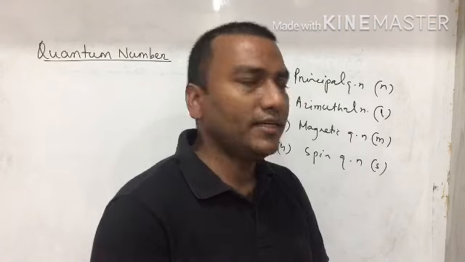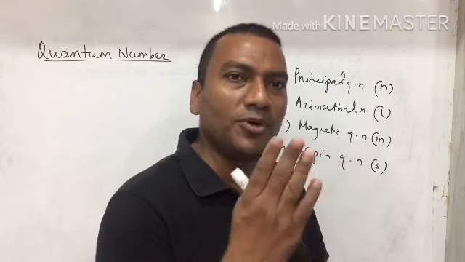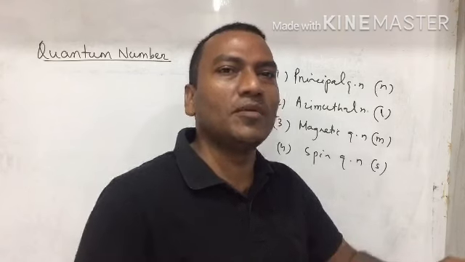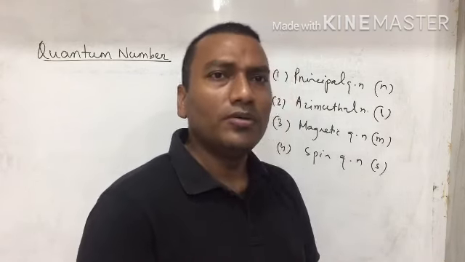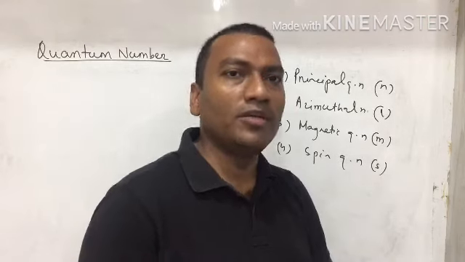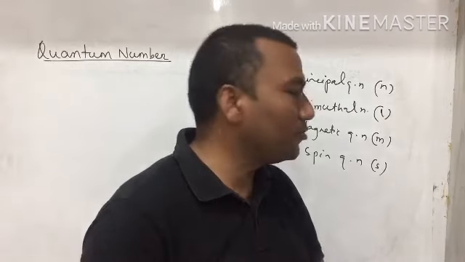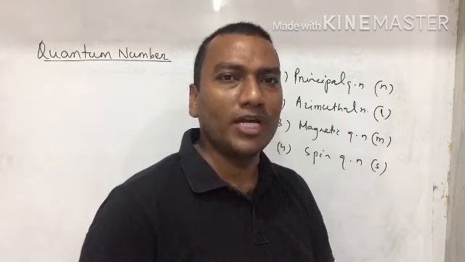Earlier I said that Bohr theory directly is not in our syllabus, but the principal quantum number is everything about Bohr's atomic model. Clear? So if you know the principal quantum number, you get a certain type of information about the electron. Similarly azimuthal, similarly magnetic, and last is the spin quantum number.